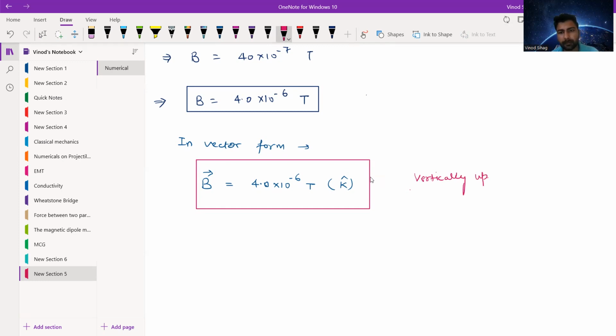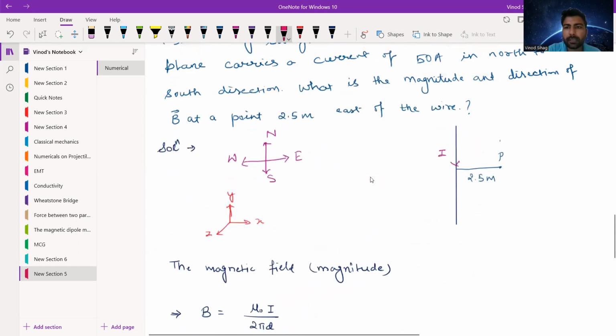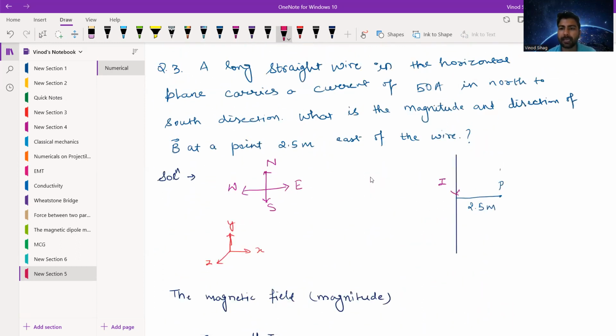Or if you are writing out of the page, that is also correct. And you can also define the direction of the magnetic field by the other symbols, like the cross and the dot symbol. Because it is out of the page, the dot symbol will be the one used here.